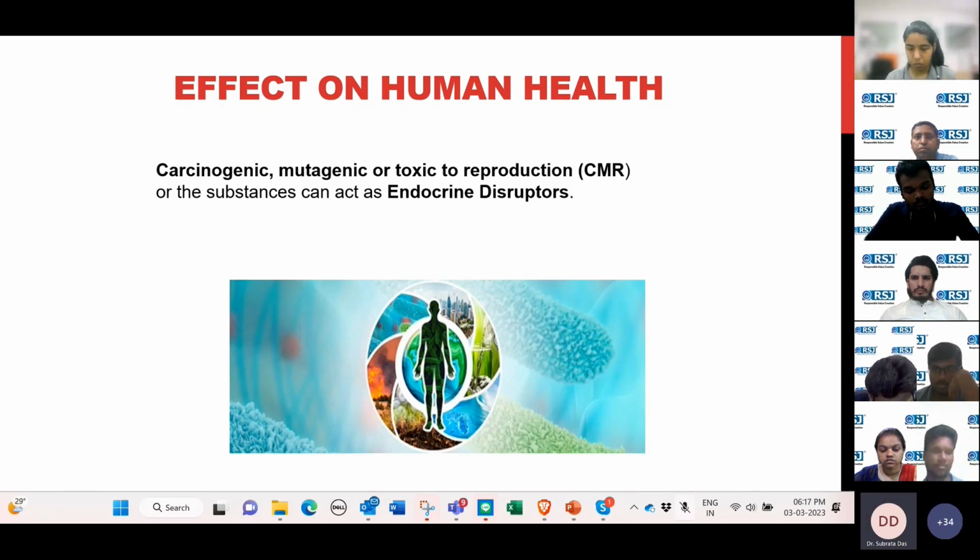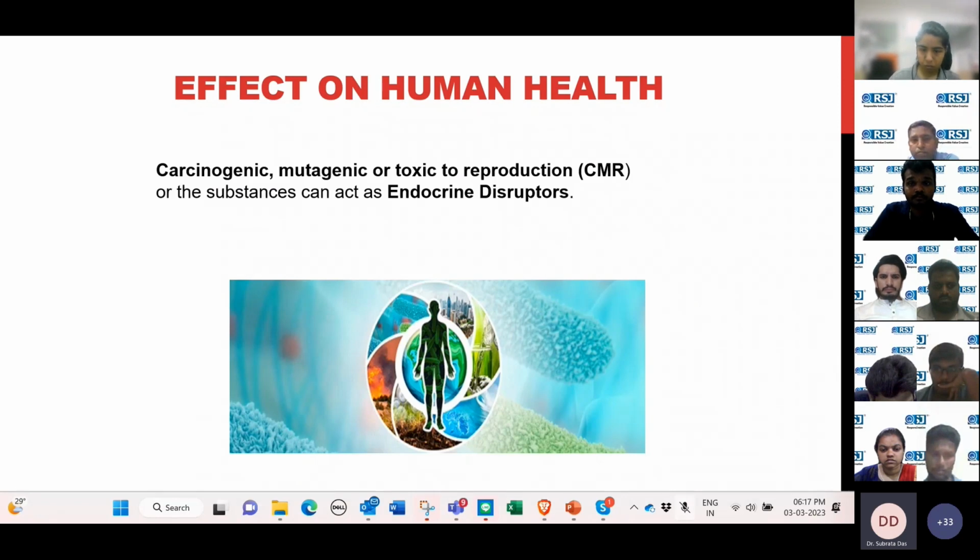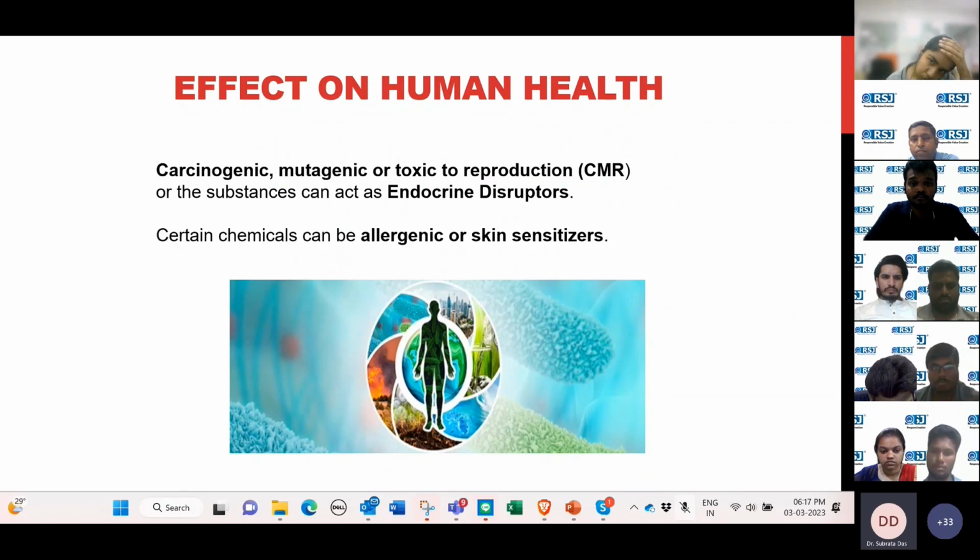On human health, we have already seen products like APEO and organotin compounds. Some products I didn't discuss, like chlorobenzene, which is used in polyester dyeing as a carrier. Many such products are there, but I have taken into consideration only those which are really a cause of concern.